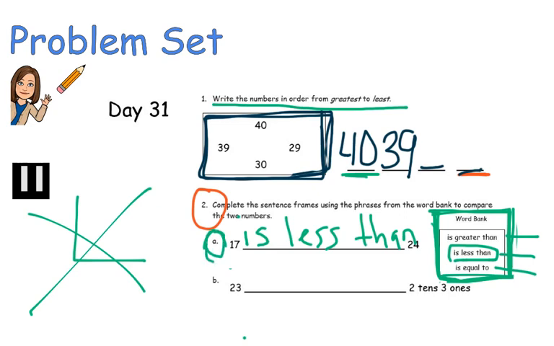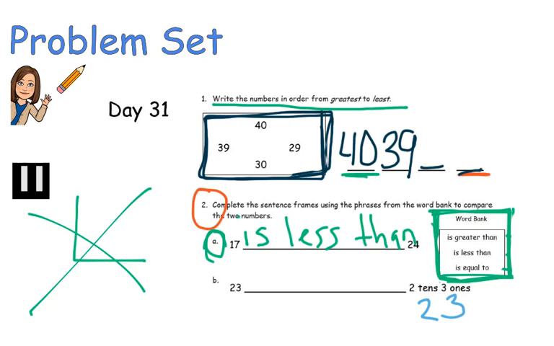Now let's look at B. 23 blank 2 10s 3 1s. So I want you to actually write out what 2 10s and 3 1s looks like. We have 2 10s, okay, and 3 1s. So now you need to see, is 23 and 2 10s and 3 1s, which one?